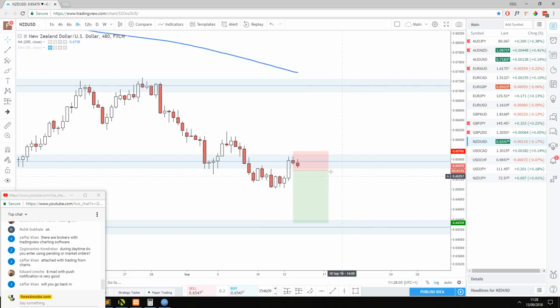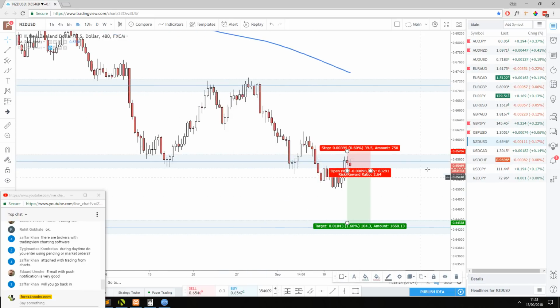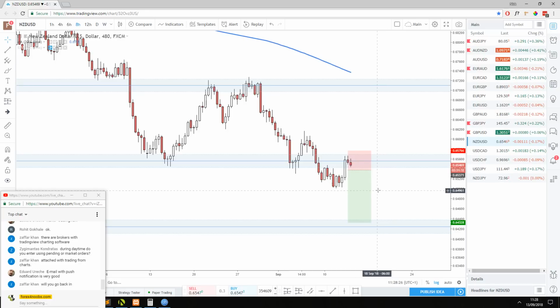The reason being, it's just more confirmation that we are getting that reversal if I have my entry lower. So I'll update you guys on the forum with what I'm doing on this. But point is, we do have a continuation setup here.